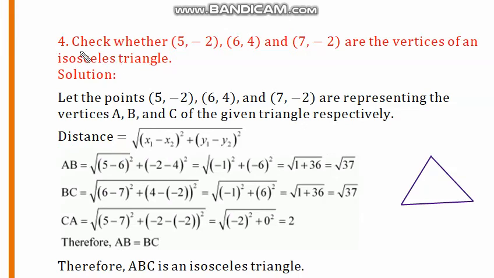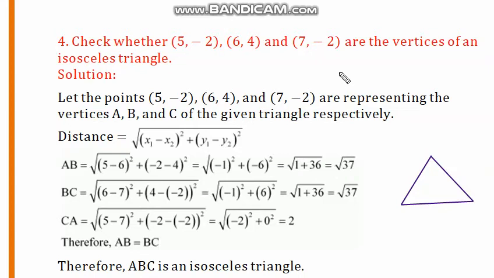Students, let's discuss exercise 7.1, fourth Roman. Check whether (5, minus 2), (6, 4) and (7, minus 2) are the vertices of an isosceles triangle. So already you know the condition of an isosceles triangle.